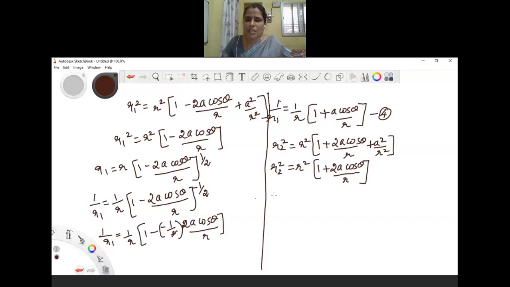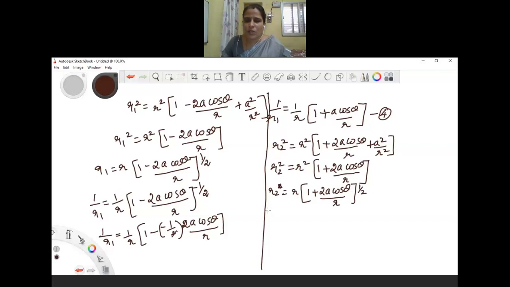Again we are taking the square root on both the sides. R2 is equal to R into 1 plus 2a cos theta divided by R, the whole power plus half. Now we are going to take the reciprocal.